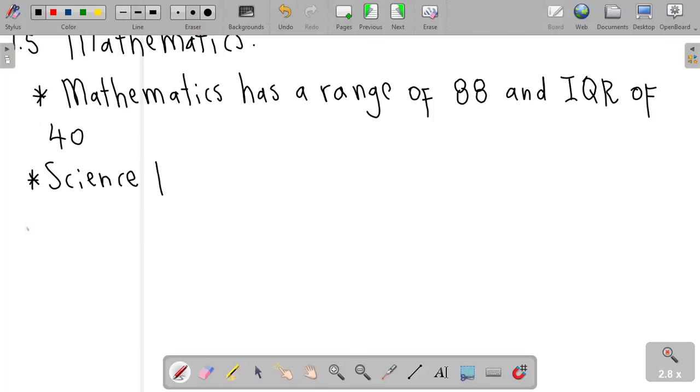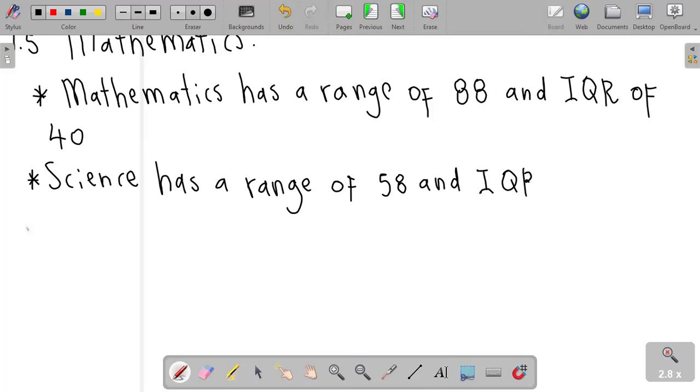Science has a range of 58 and an IQR of 26.